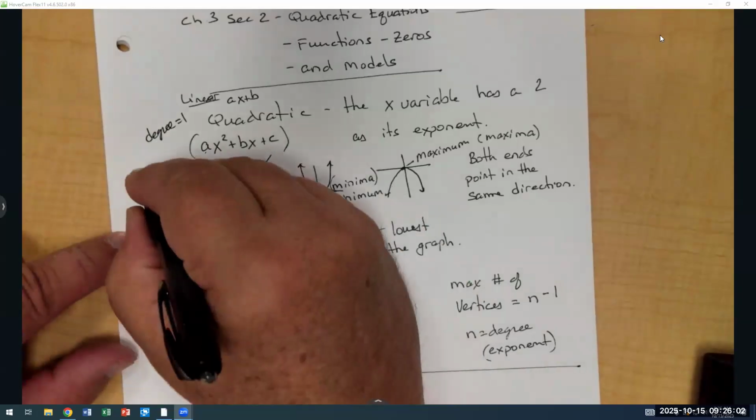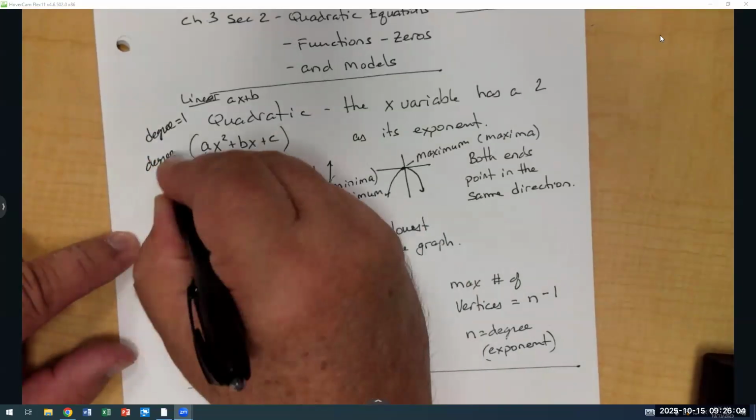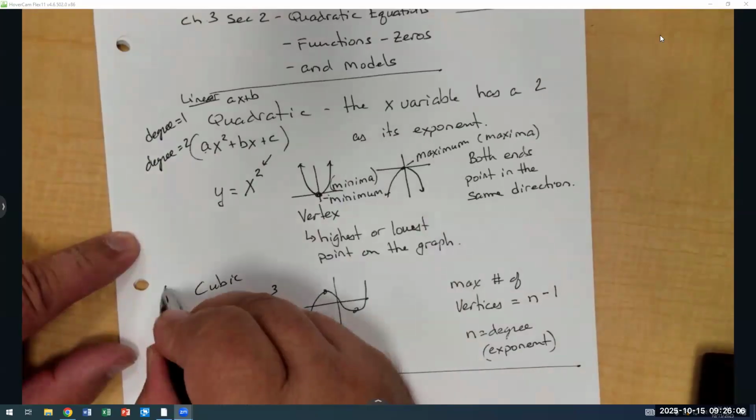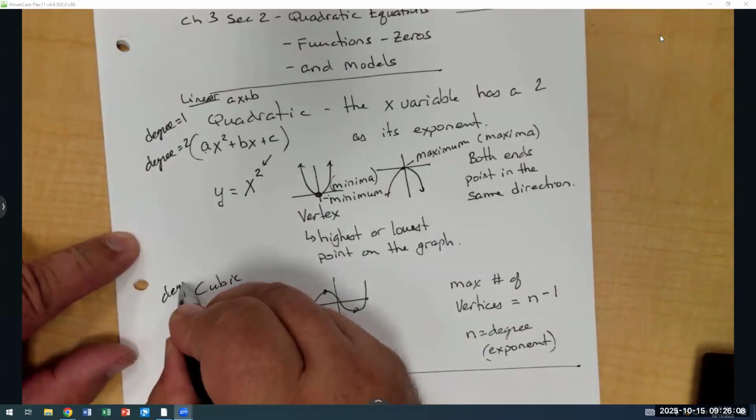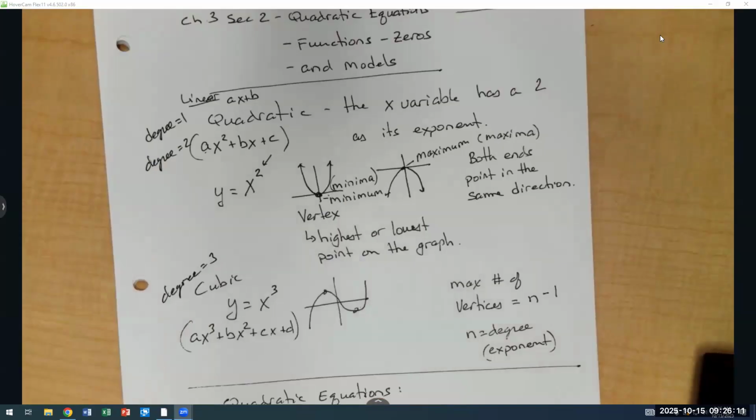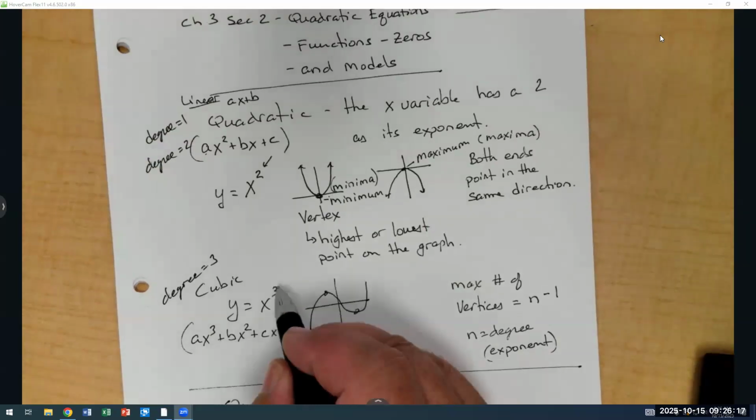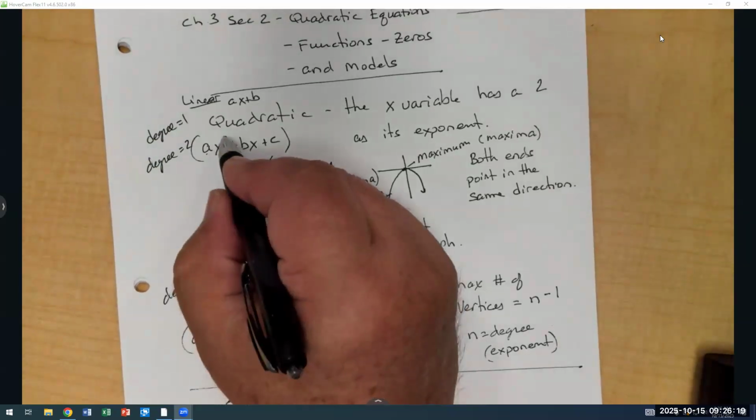What's the degree of a quadratic equation? What's the degree of a cubic equation? Does everybody know how to find the degree of an equation? The degree of an equation is simply the highest exponent.